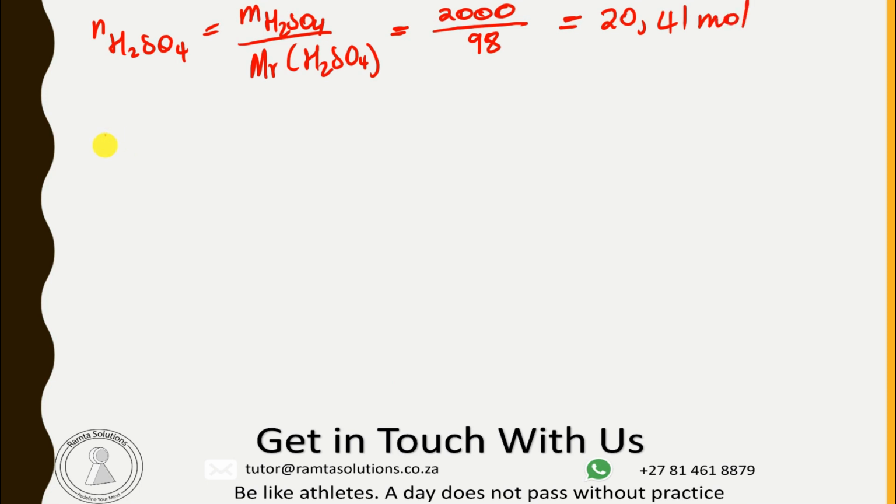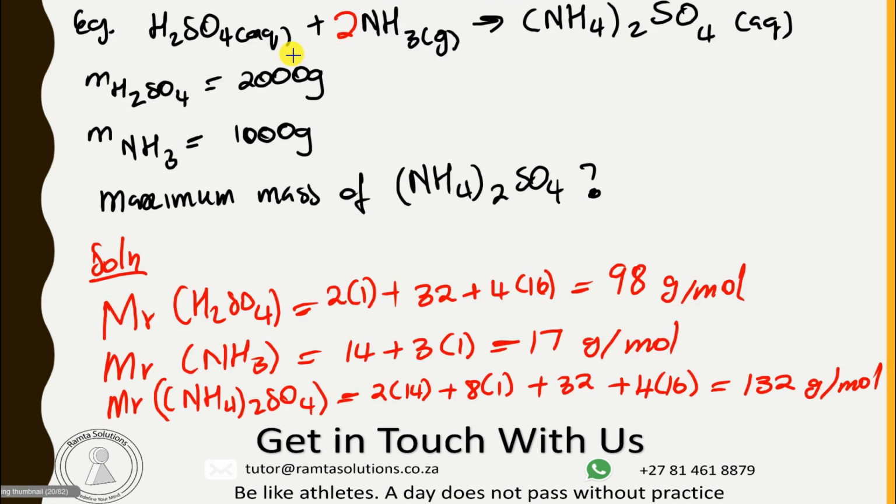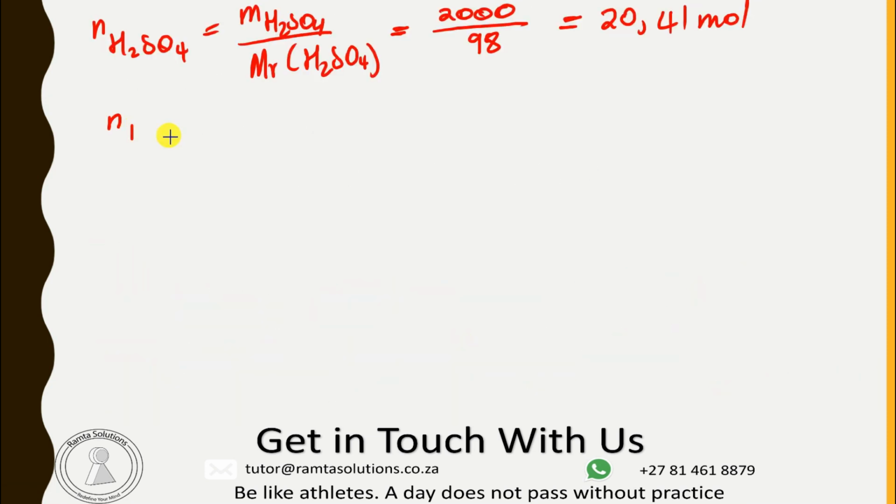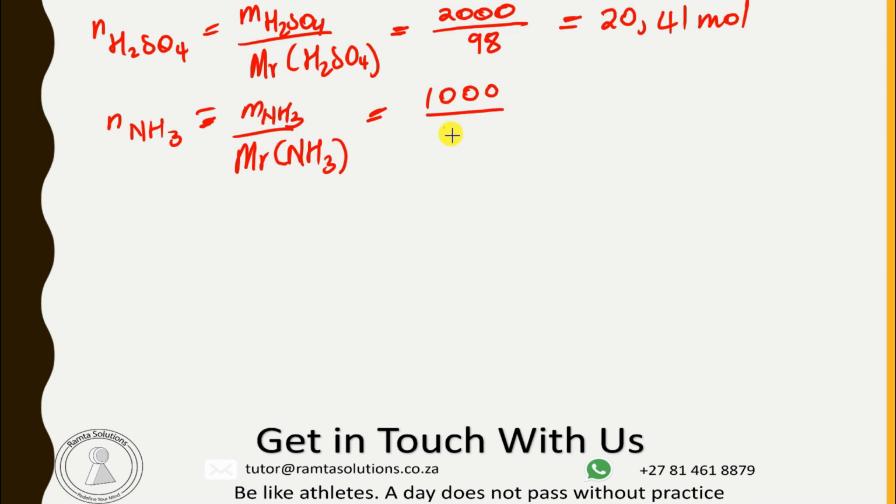Then I'm taking number of moles of ammonia. Number of moles of ammonia is equal to the mass of ammonia over Mr of NH3, sorry. So what is it? I think it was 1,000 over 132. Is that so?